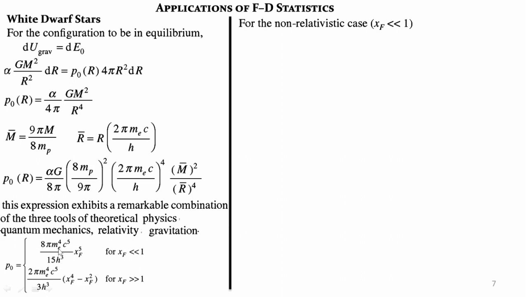We can put xf, which we have defined earlier. xf is nothing but m raised to the power 1 by 3 divided by m bar raised to power 3 divided by, I hope we have done it earlier. That's how you can express xf in terms of m bar and r bar.